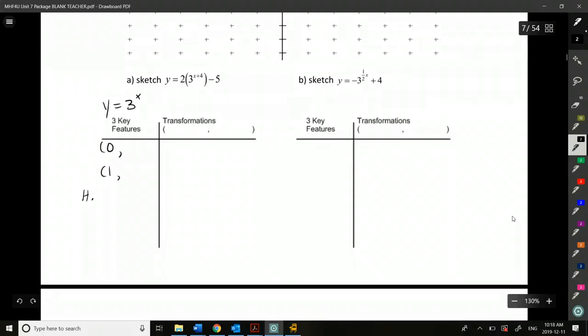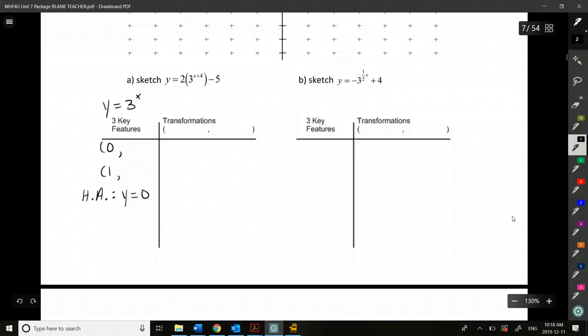The horizontal asymptote. Where's the horizontal asymptote for this function? Got to trust yourself, Simran. It's at y equals 0 for all basic exponential functions, and then it will shift with the vertical shift.